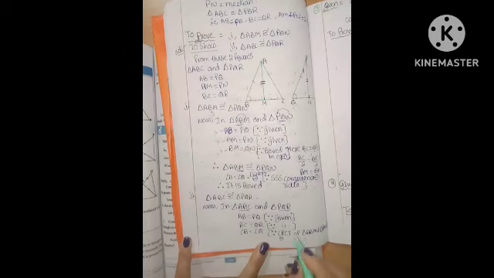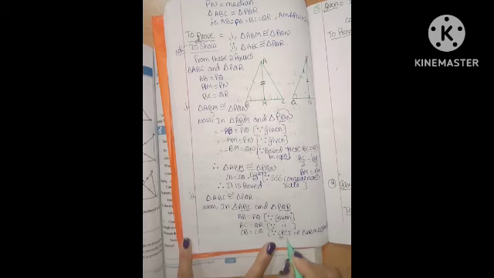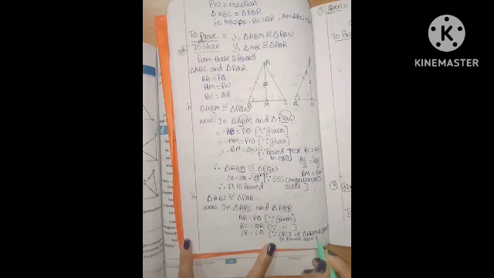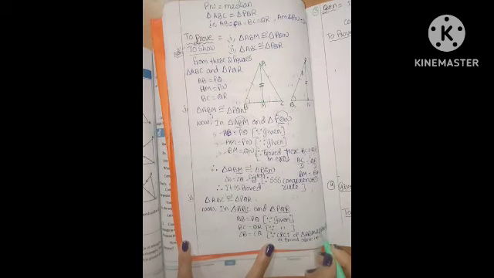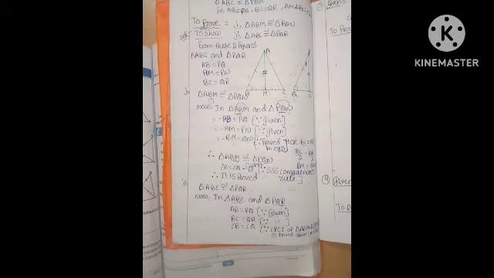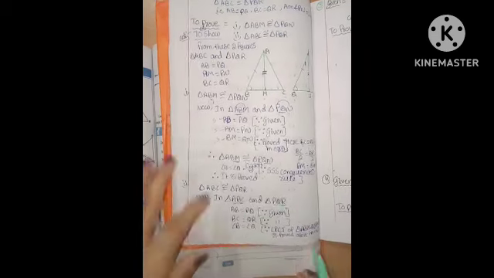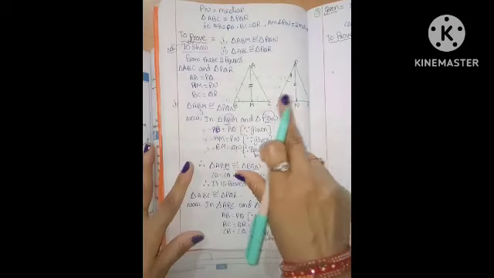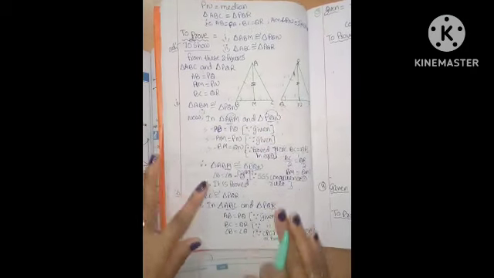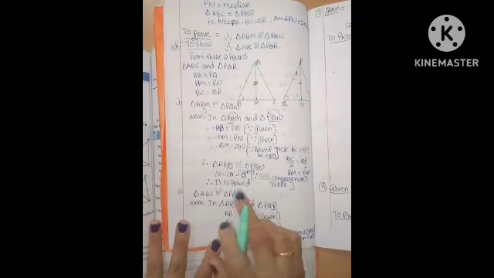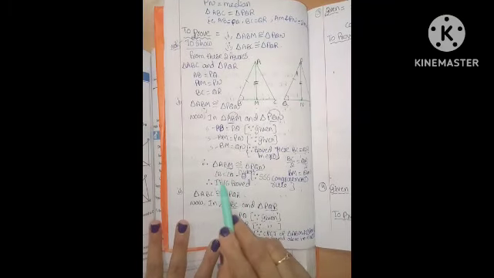This is what was proved above in equation 2. Nothing else is given in these two figures, so by CPCT these two angles are equal.